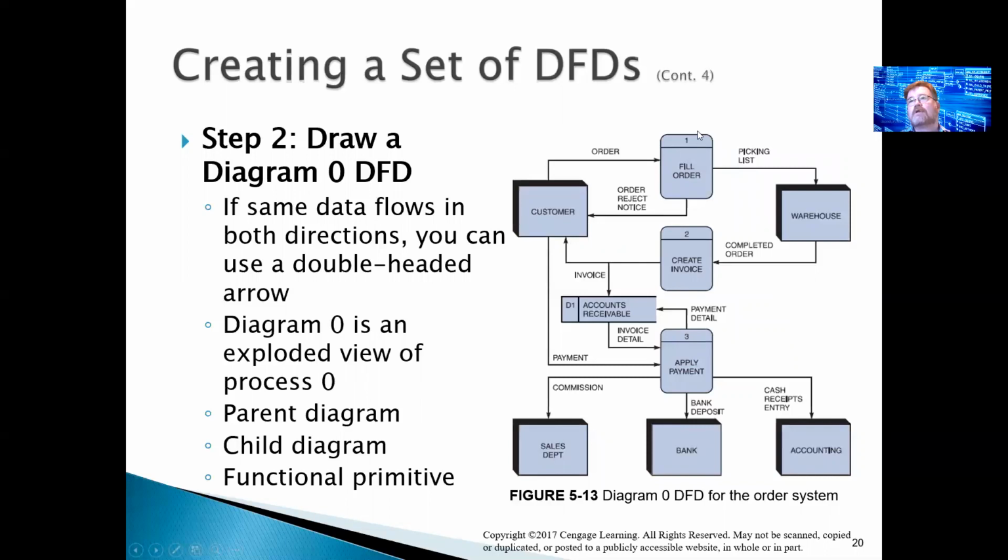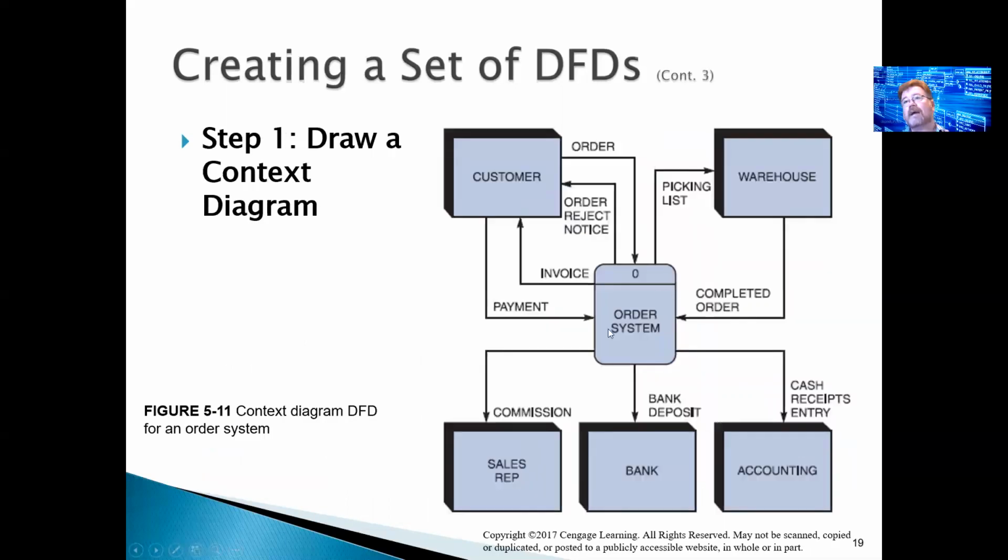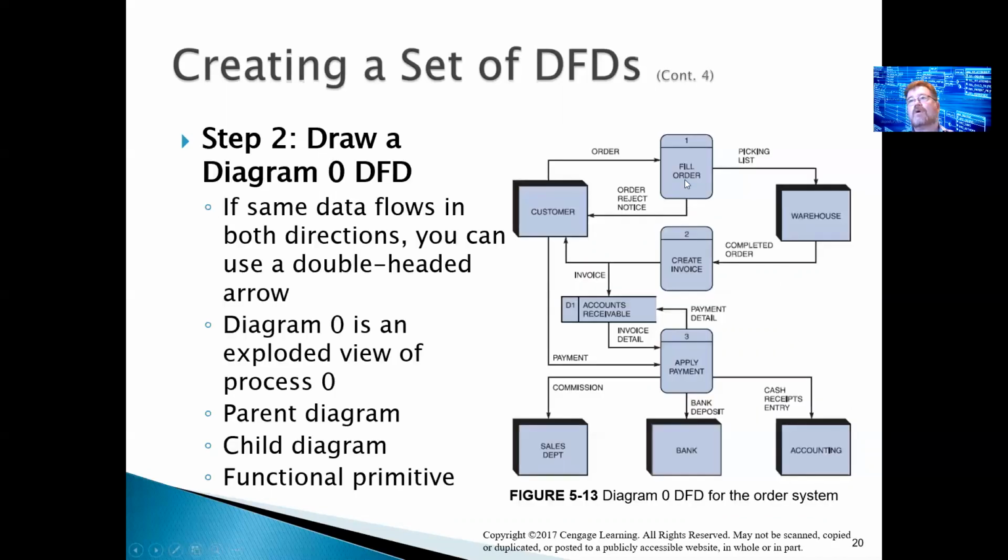So what you're seeing now is these are the processes that go together to make the order system. So it apparently will fill the order, create the invoice, apply the payment. By the way, that functional decomposition diagram would have been a good one here to show too, where you see that these are the actual processes that make up that particular system.